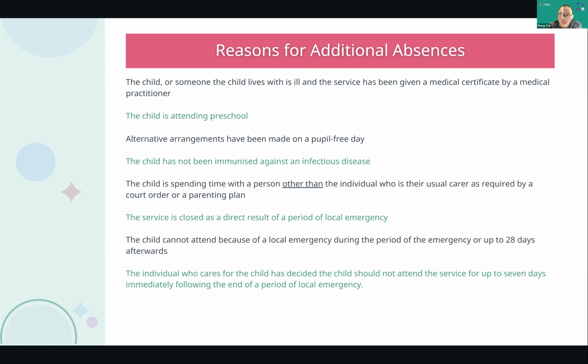Now, this goes back to varying session reports as well. So I'm going a little bit off topic here, but it's related. Let's say you get closer towards the end of the CCS year, and the families reach 42 absences. They don't have any specific reasons as to why they might be sick again beyond the 42, or they might have reasons as to why they need additional absences.